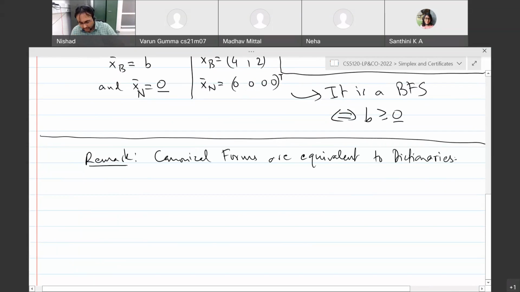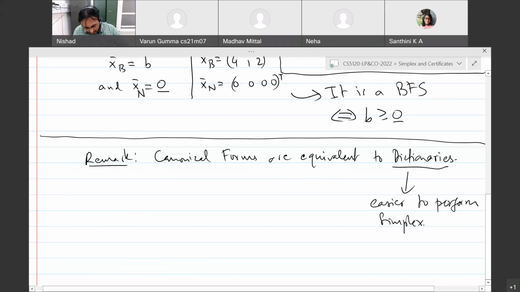So the advantage of dictionaries is that they are much easier to understand and to actually run simplex yourself. In fact, even computer implementations of the simplex method actually use something similar to dictionaries, because it's very simple substitution. So computationally, it's not very expensive. It's easier to perform simplex.